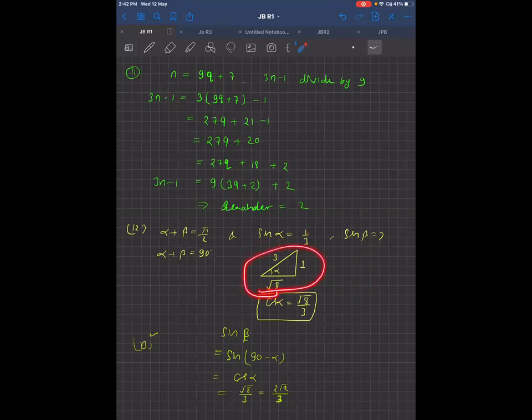This is how to find trigonometric ratios when one ratio is given. Just draw any triangle and assume that angle. Then this is perpendicular by hypotenuse. We don't want the value of alpha, beta, gamma or any angle. We only want to get the other trigonometric ratios.